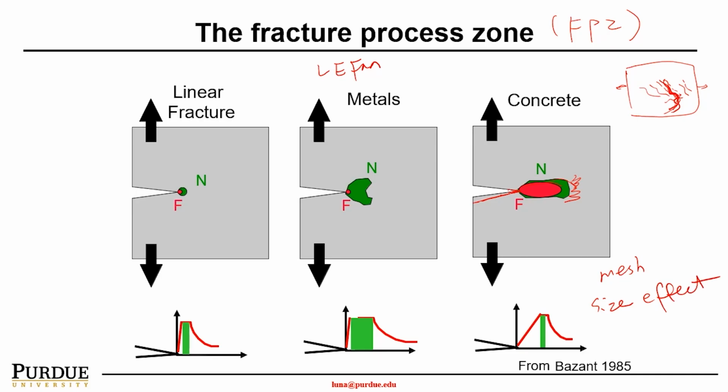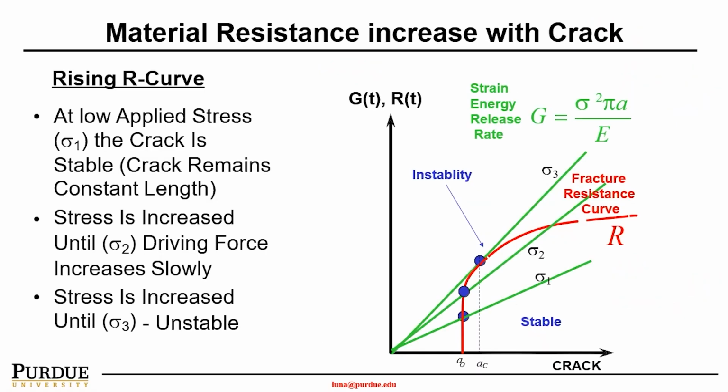Intuitively we know even the small component size, such as aggregate size, can influence the cracking of the concrete differently because of this fracture process zone, which we will not discuss in this lecture.